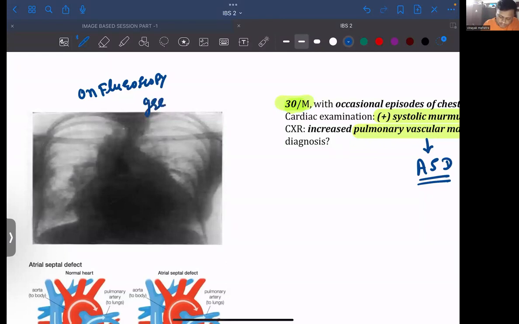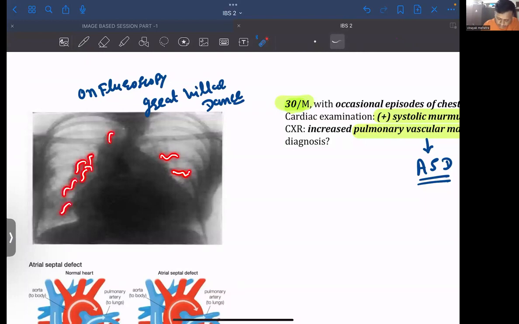The hilar dance. The markings on the X-ray are going to increase. These are pulmonary vascular markings. The vessels become bigger, understand it like that. Okay? So it is seen in ASD.